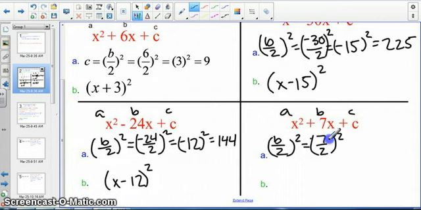Or you could just leave it as an improper fraction. So 7 squared is 49. 2 squared is 4. I could leave it as an improper fraction. So I could write my square of a binomial as x plus 7 over 2. Or you could do x plus 3.5. Okay.